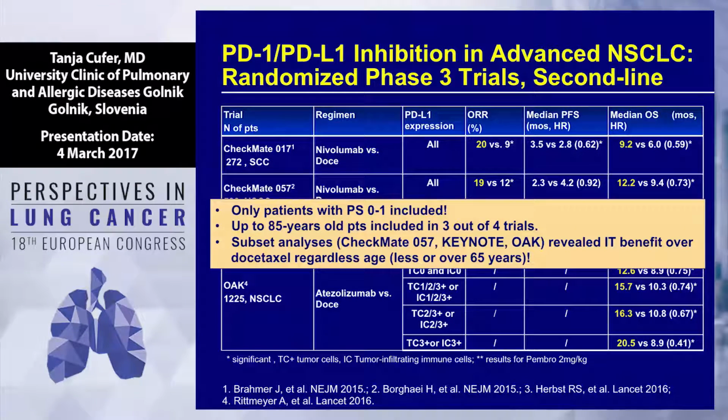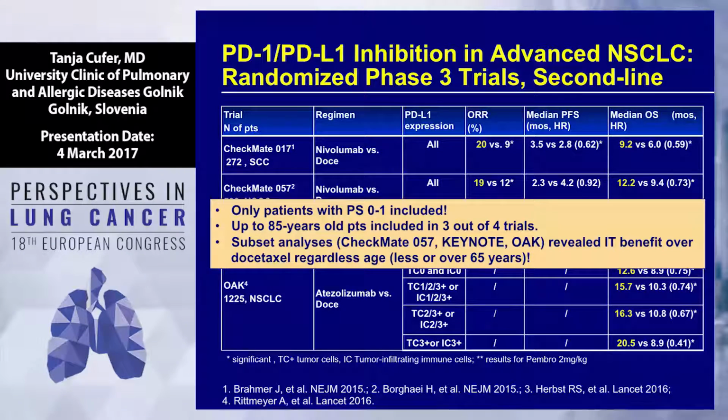Patients up to 85 years old have been included in these trials. So these modern trials do not have exclusion criteria for 70-year-old patients. But still, in these trials there are exclusion criteria regarding multiple comorbidities and, let's say, organ functions.